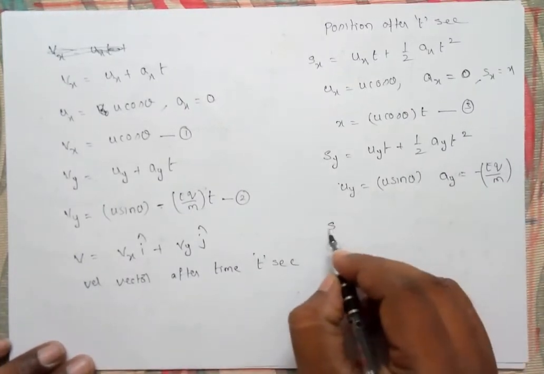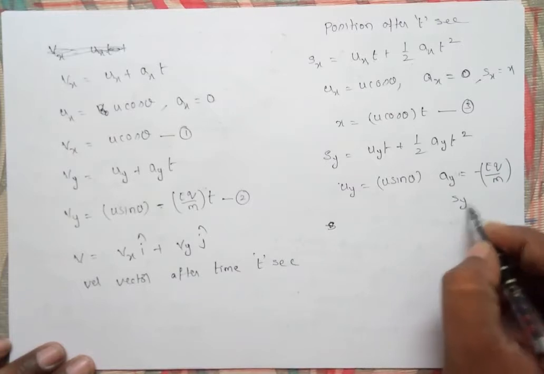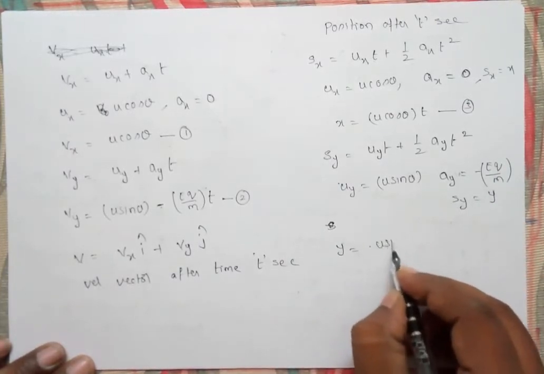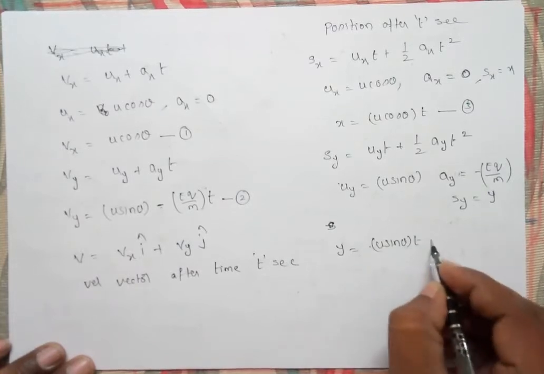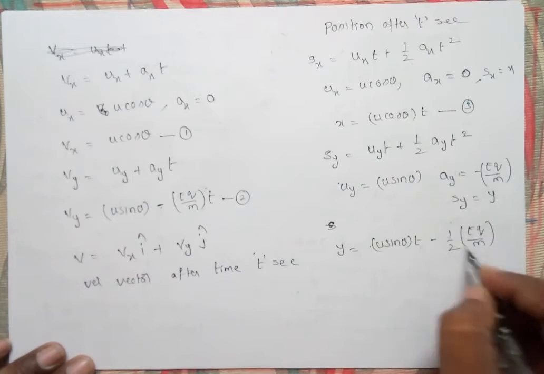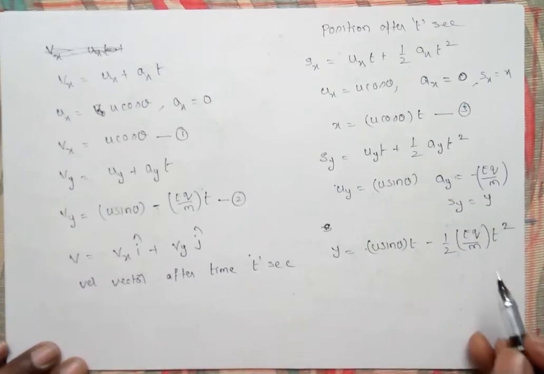Then if you substitute, Sy is y, so y equals u sin theta into t minus half eq by m into t square. So this is the position.